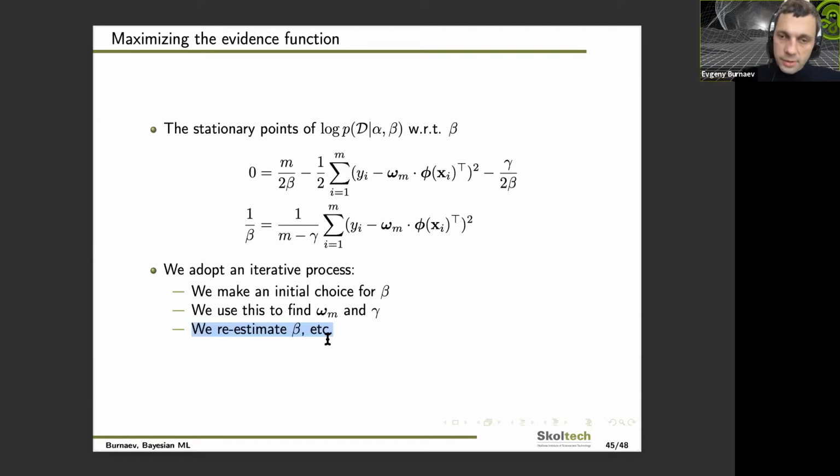Although this is possible only in case of Bayesian linear regression, because we use the structure of the log evidence, for which we can obtain an explicit expression. Otherwise, it's not possible, of course.